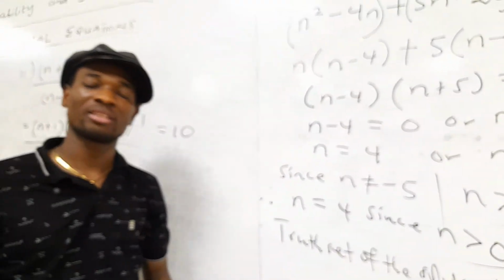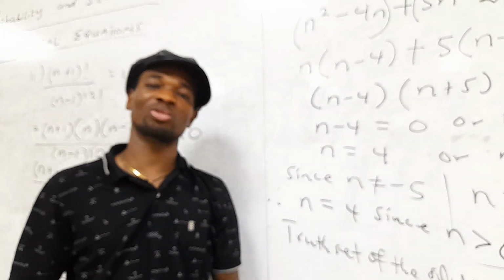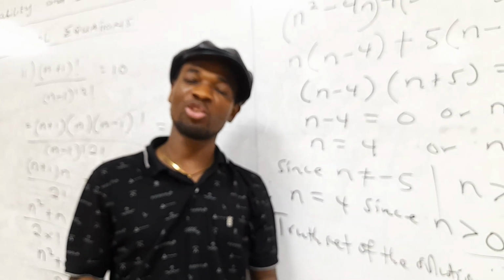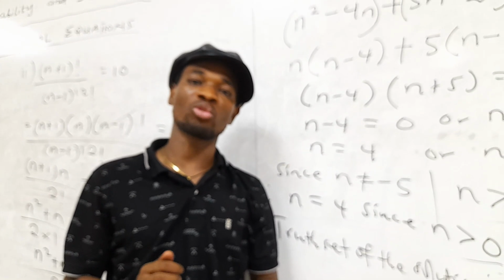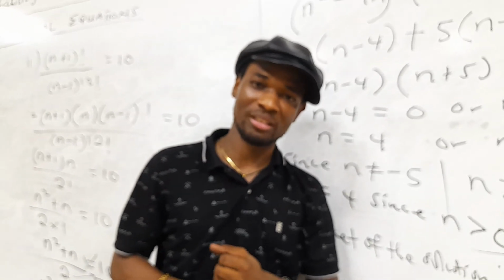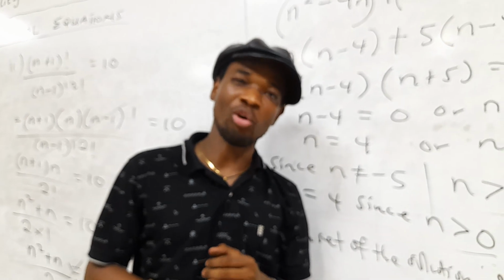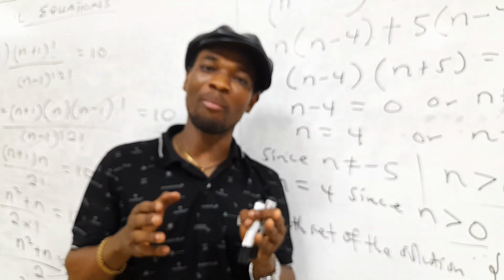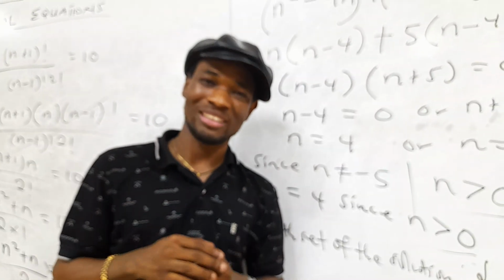So viewers, this is the end of the factorial concept, okay? I'll see you next time where we are going to tackle the main business, which is permutations. I'm going to cover permutations extensively and go into details.